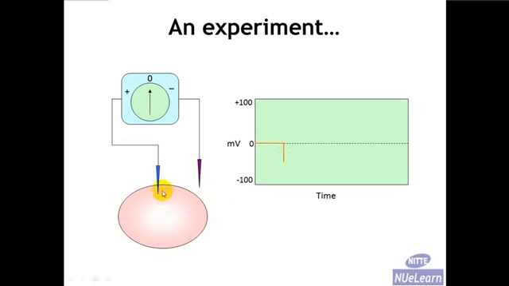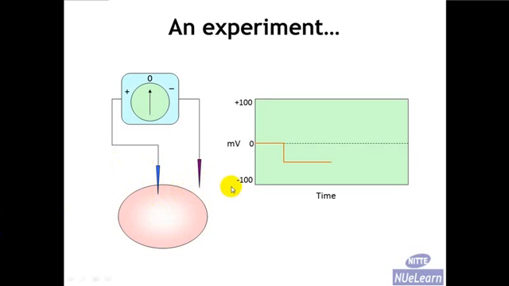And as long as the recording electrode is within the cell, the voltmeter would record a more or less stable, flat membrane potential, but which is below the 0 line. In other words, it records a negative membrane potential. Now, what this means is that the inner side of the membrane, the interior of the cell, is negatively charged, or is at a negative electrical potential compared to the external side of the membrane, to the exterior of the cell.